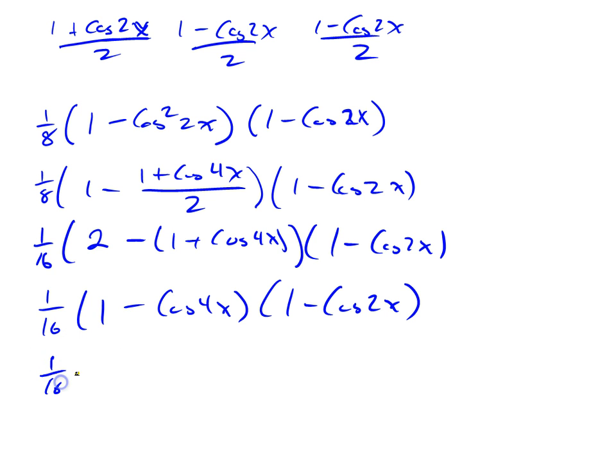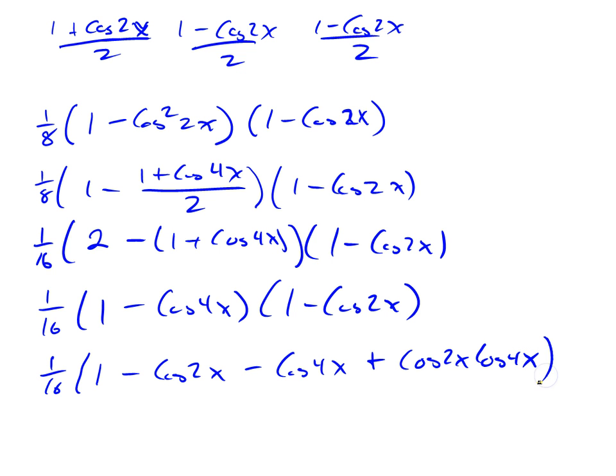So I've got 1/16 times 1, the outside is minus the cosine of 2x, the inside is minus the cosine of 4x, and then lastly I've got plus the cosine of 2x times the cosine of 4x, and I think it's now starting to look like what they wanted for a solution.